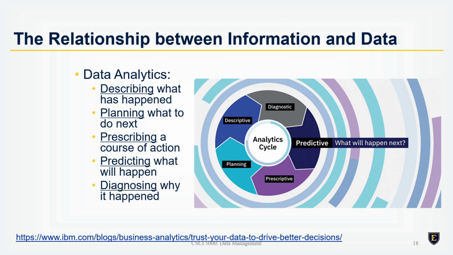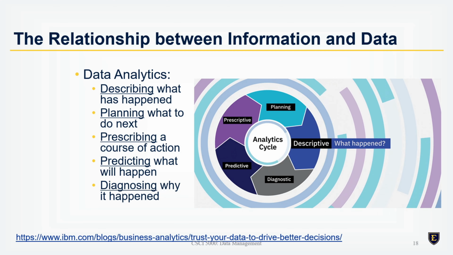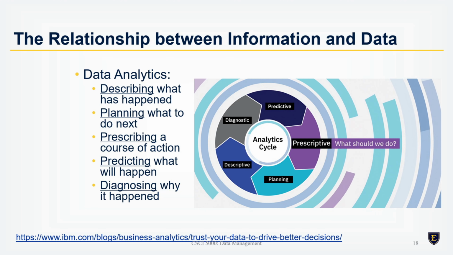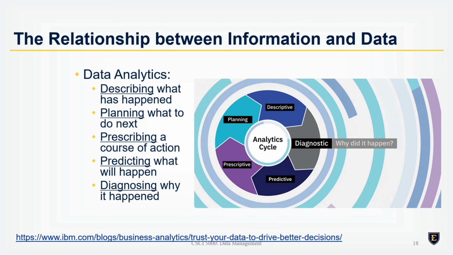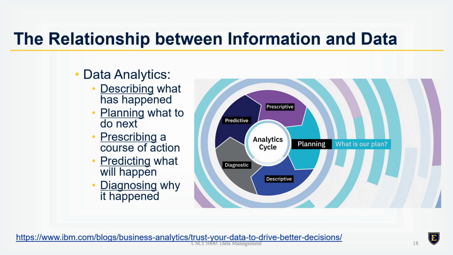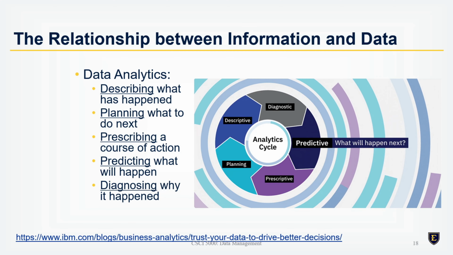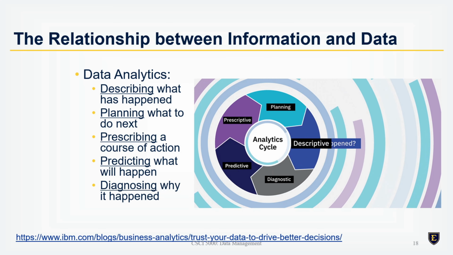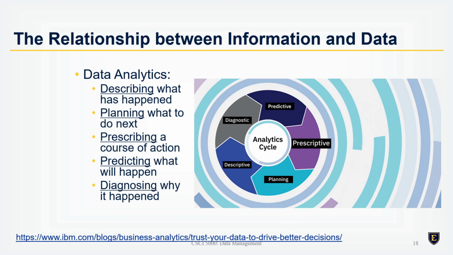Then we can use planning based on that data to find out what to do next. We can also use data to prescribe a course of action. We can predict what will happen in the future, and we can diagnose why something has happened after it has already been completed. So this is an analytic cycle, as we will see.